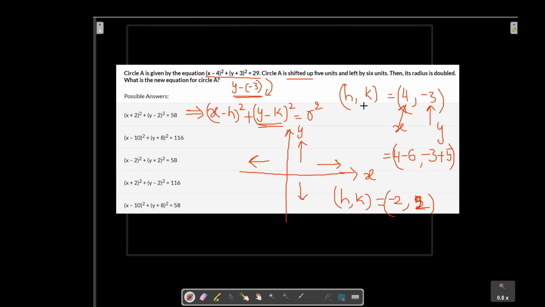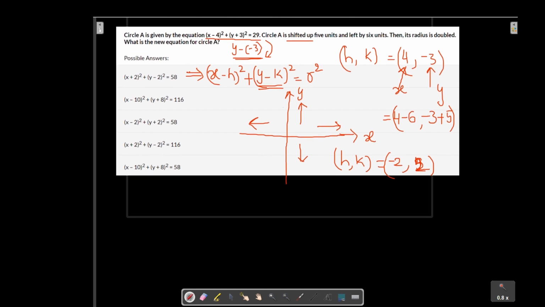Now they are transforming the radius also. Here the radius is doubled. For the previous radius, we need to write 29 as radius square. Radius square equals 29. Radius will be square root of 29.